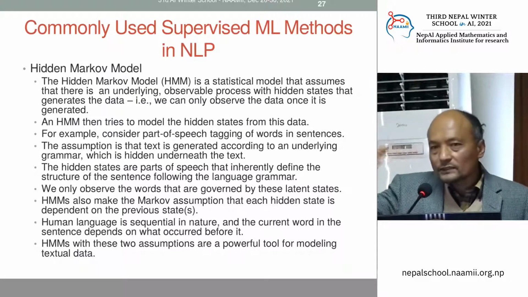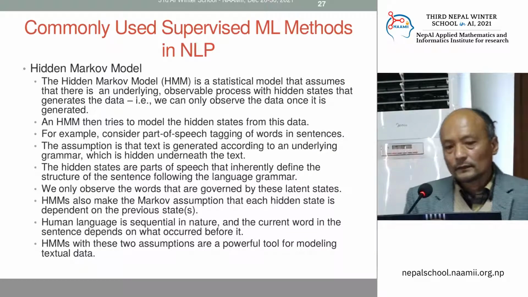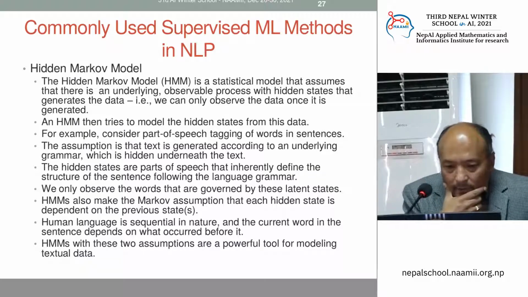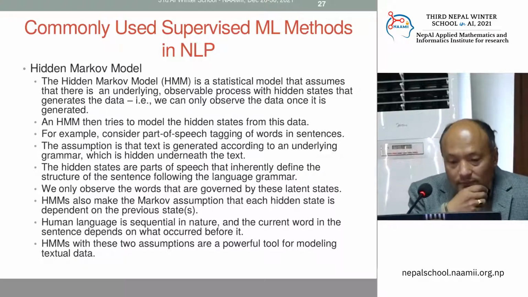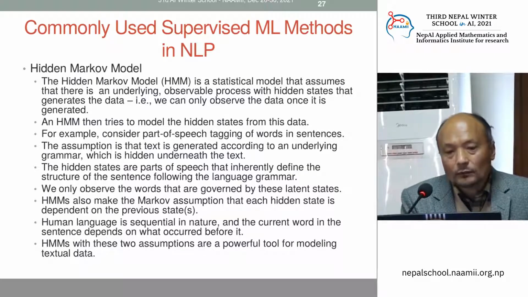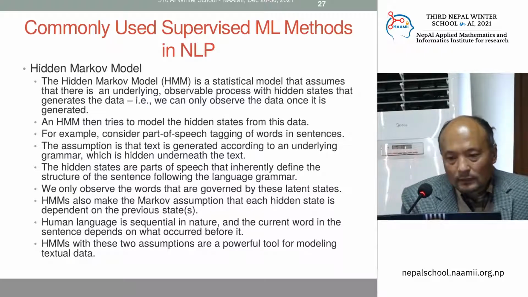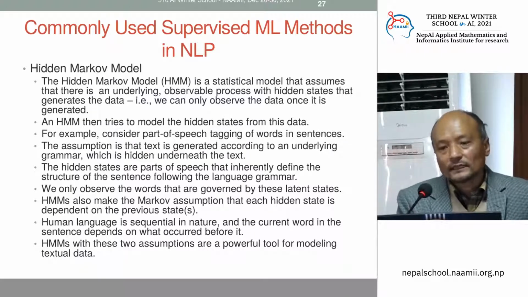There are certain languages which move from top to bottom as well. So HMMs with these two assumptions are a powerful tool for modeling textual data. So HMMs are also quite popular models for solving NLP tasks.